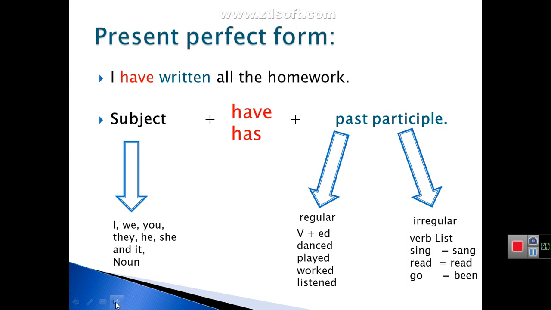We have to memorize it, and you have already memorized it. For example, sing, sang; read, read; go, been or gone. Guys, we memorized them, we had many quizzes about it.